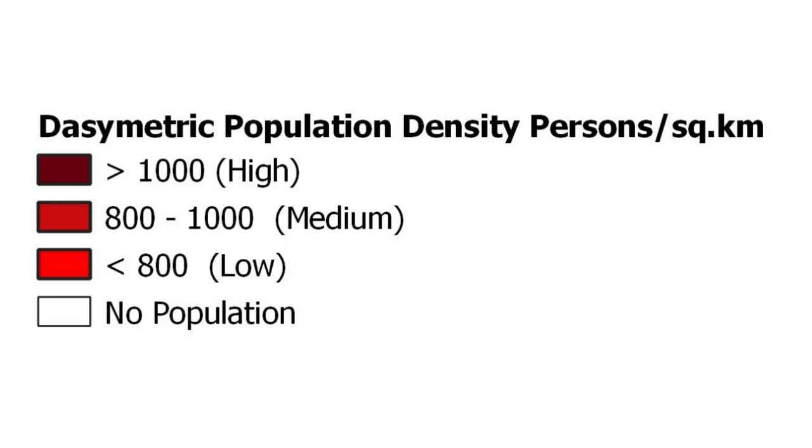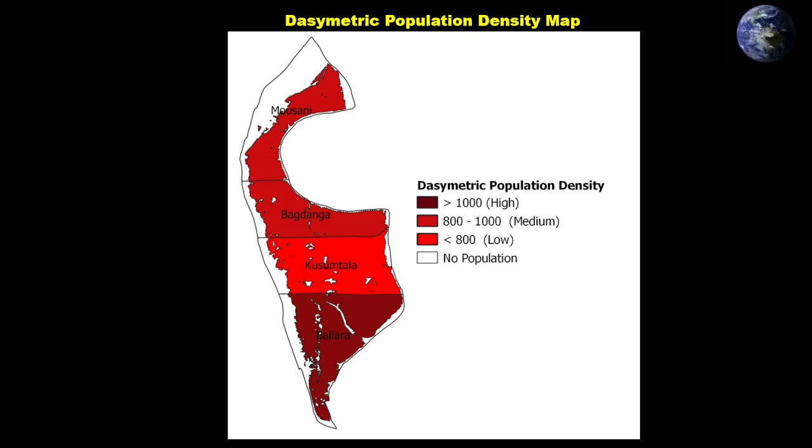Create an index. The white box in the index indicates areas with no population. Finally, we made the Dasymetric population density map.